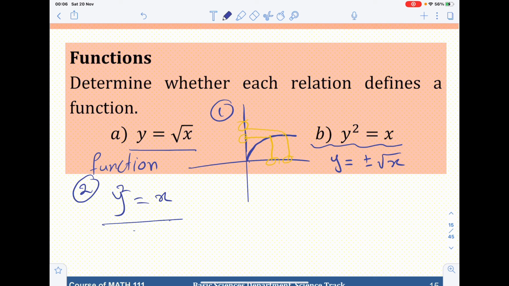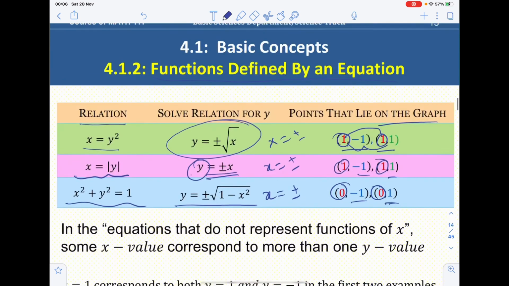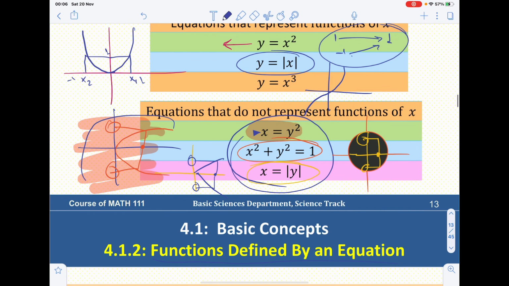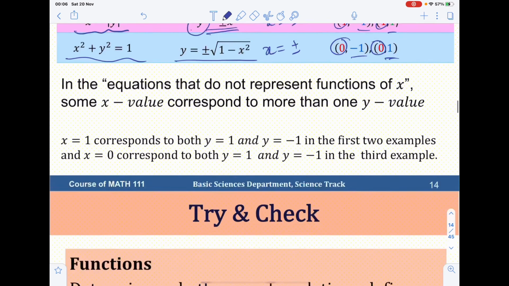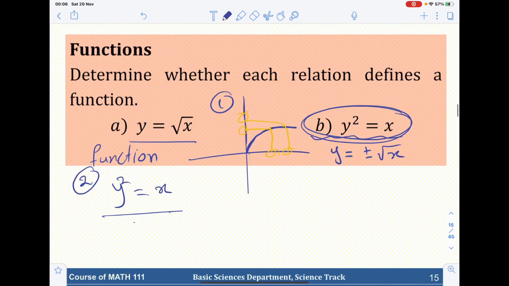So as you can see, each value of x corresponds with two values of y, and we already talked about this when we drew it. This is the drawing of it. And also here, y squared equals x, we can solve the relation for y and find out that x corresponds with two values of y. So this is not a function.